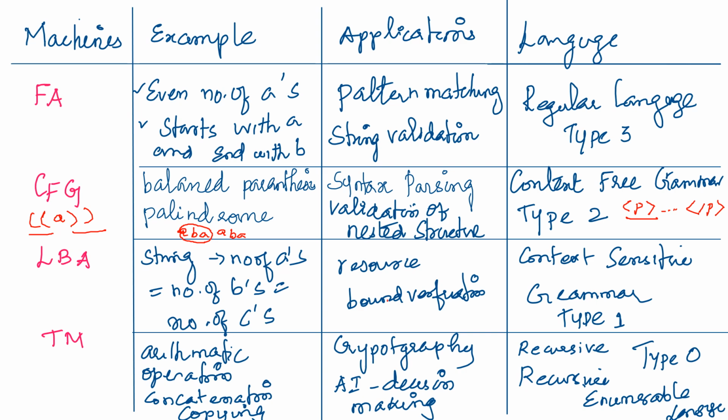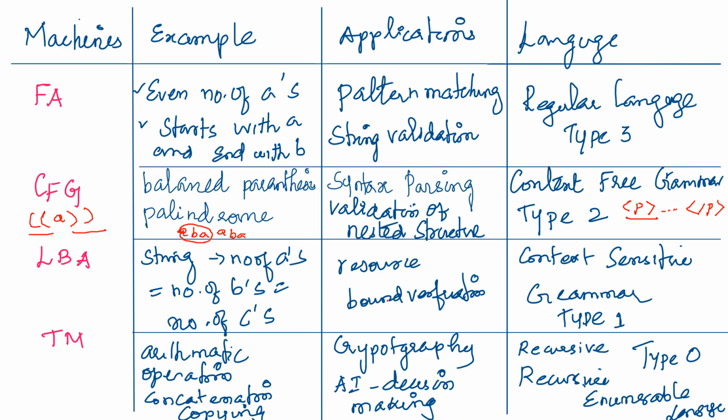Okay, and with Turing machines we can solve any kind of problems, for example arithmetic operations like addition, subtraction, division, multiplication, and concatenation, copying the content, finding the GCD, and sorting also. Whatever the problem, we can simulate real world problems using this concept.